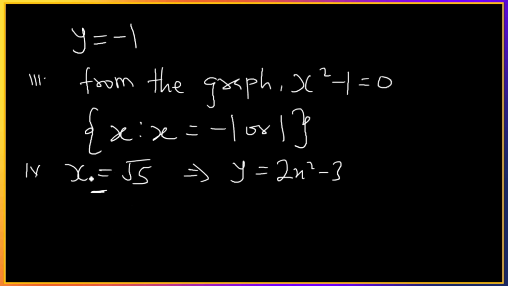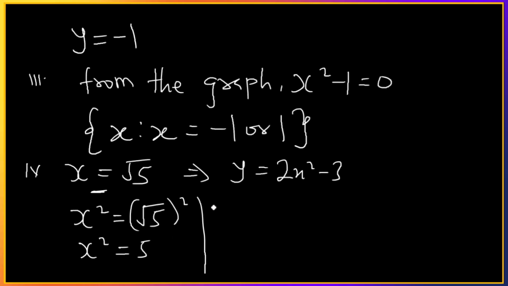By squaring both sides, we have x squared equals square root of 5 squared, and this gives us x squared equals 5. The same equation could be written this way: x squared minus 5 equals 0. So we now have a quadratic equation and it should be compared to this.